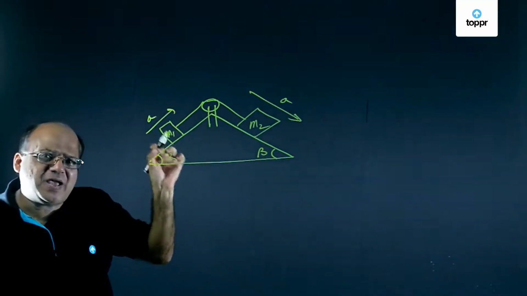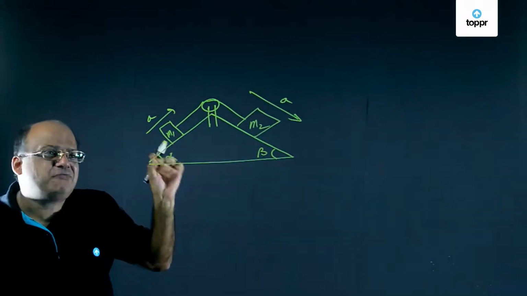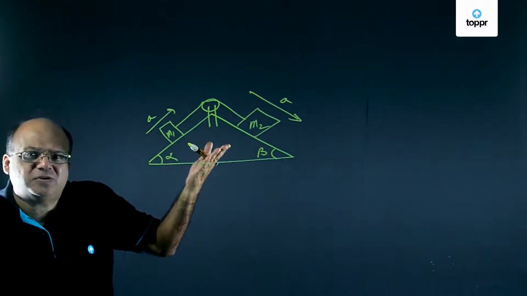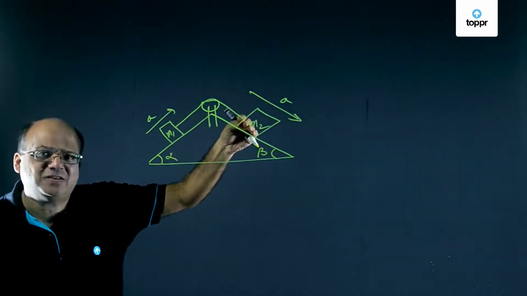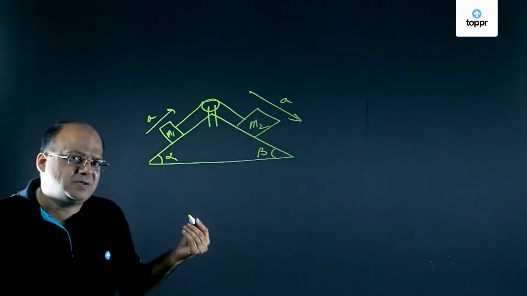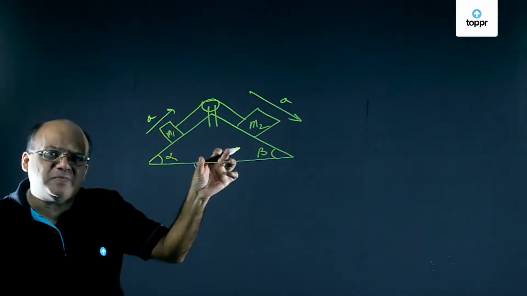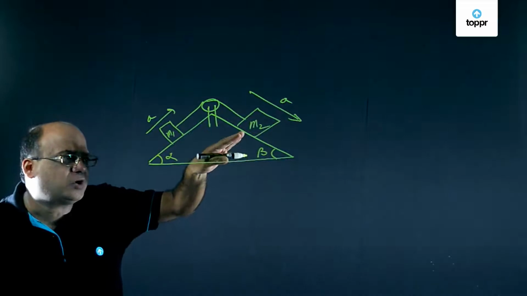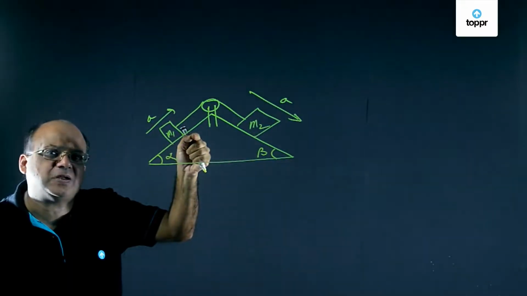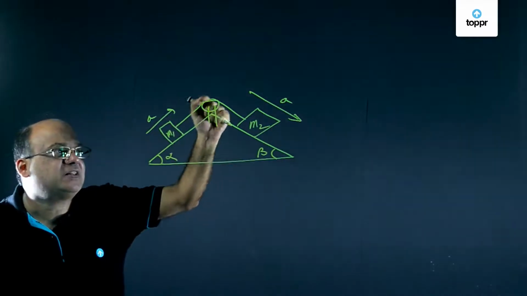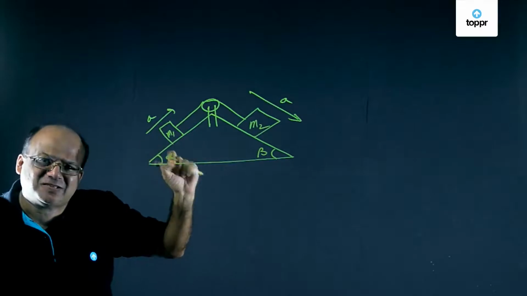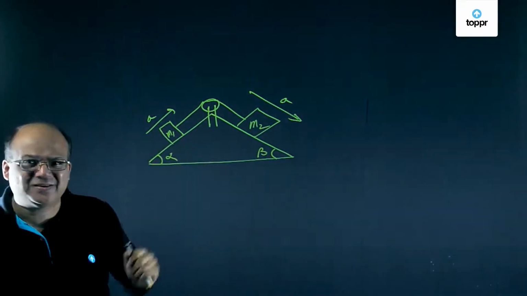Now you have to apply Newton's laws and find the acceleration of m1 and m2, which will be equal in magnitude because this is a string here, and we want to find the tension. The acceleration is equal in magnitude because if m2 comes down the plane by 1 centimeter, m1 has to go up the plane by 1 centimeter because the length of the string will remain constant.